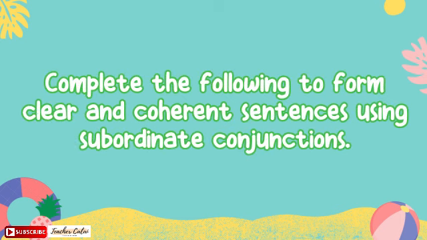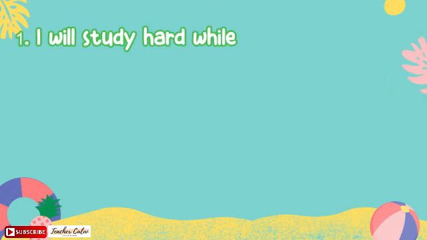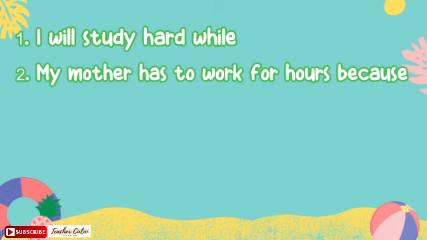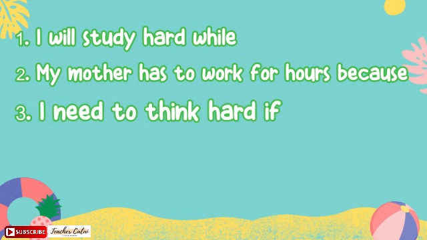At this time, you are going to complete the following to form clear and coherent sentences using subordinating conjunctions. Number 1. I will study hard while. Number 2. My mother has to work for hours because. Number 3. I need to think hard if.